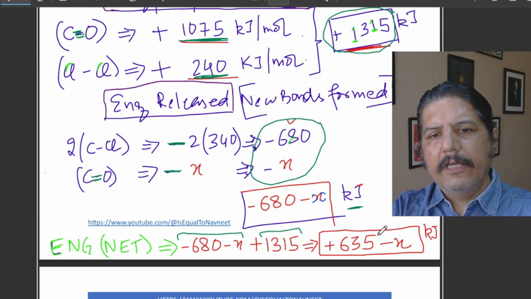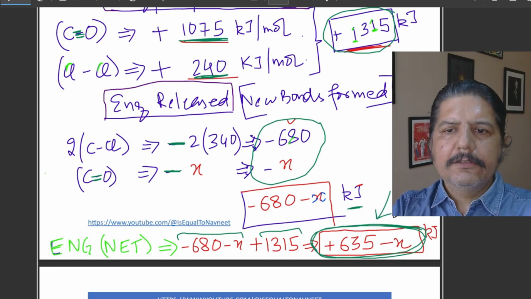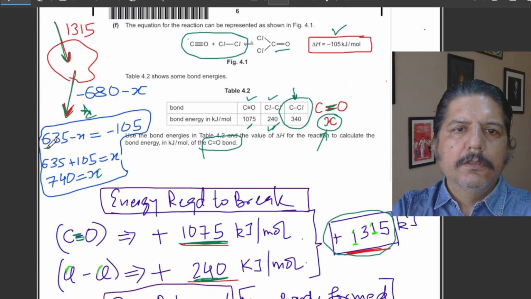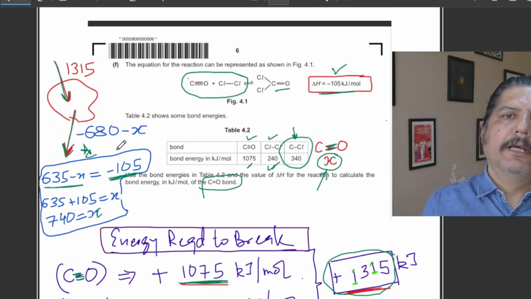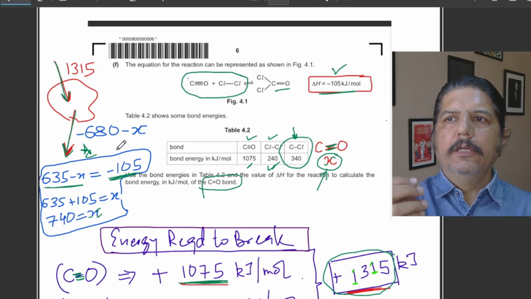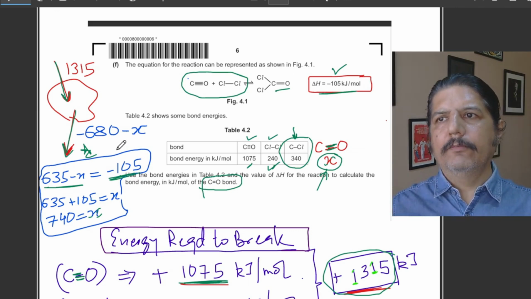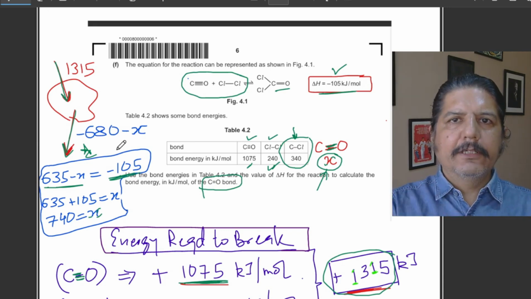For calculating the net energy released, I will use minus 680 minus X plus 1315. So 635 minus X is the net energy which is released. And then I equate this 635 minus X to minus 105. I hope this makes sense. In the other questions, usually we have to calculate the delta H. But here delta H is given and one of the bond energies has to be found.